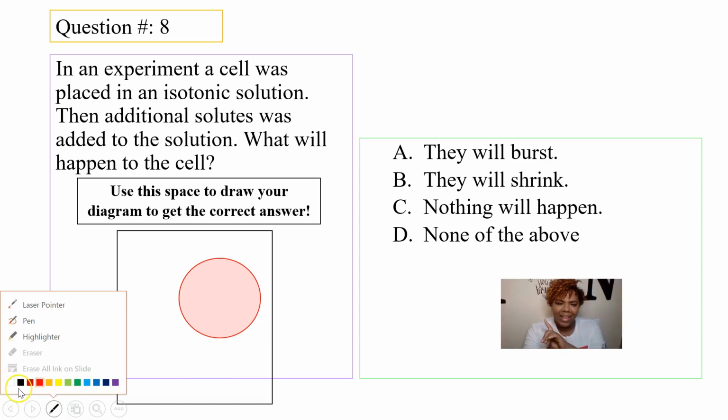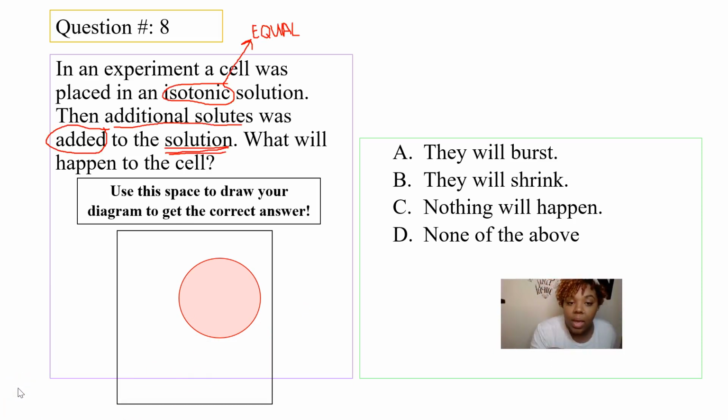All right, so I wanted to label this real quick, or annotate it. Basically, of course, we know it's isotonic. That means the solute is equal in the cell and out of the cell. But here's the thing. Someone added solutes where? To the solution. So just labeling our diagram.